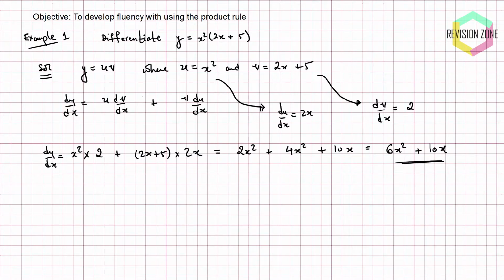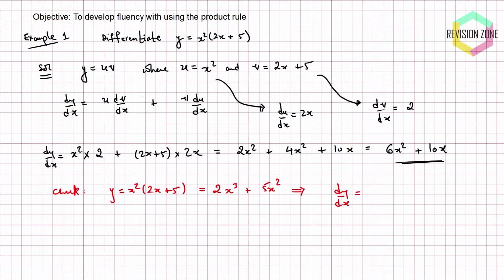Now it might be worth very quickly doing a check on our answer. We can go back to our function x squared times 2x plus 5, and this time we can just expand as we would have done in the past. So we get 2x cubed plus 5x squared, and we can differentiate each term directly to work out the derivative.